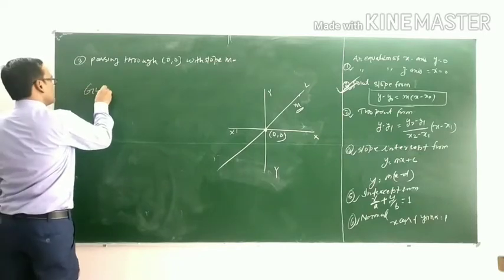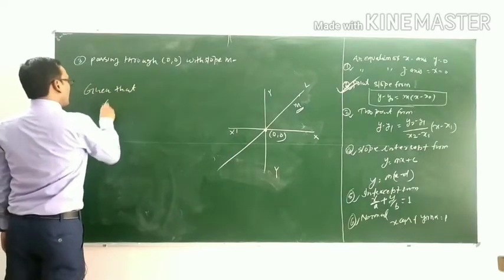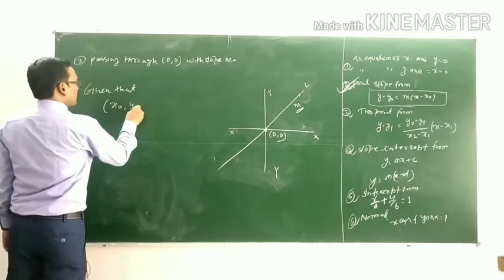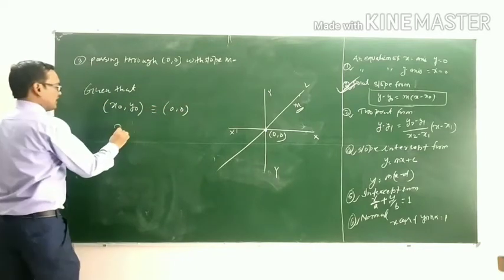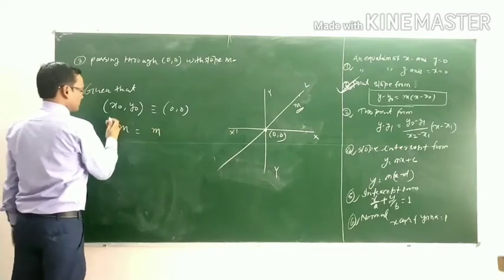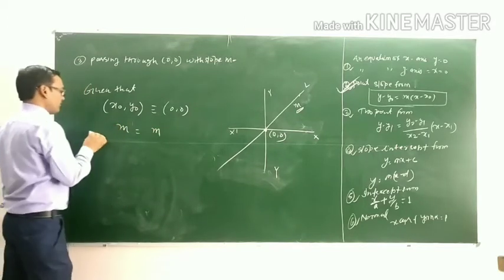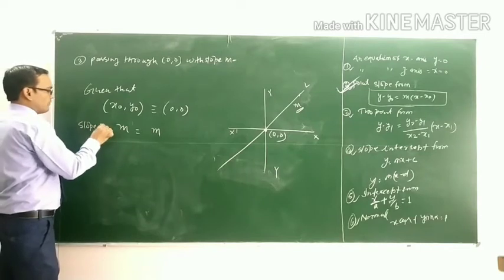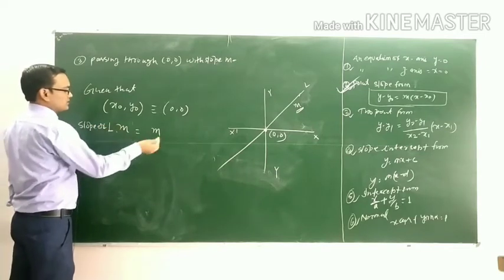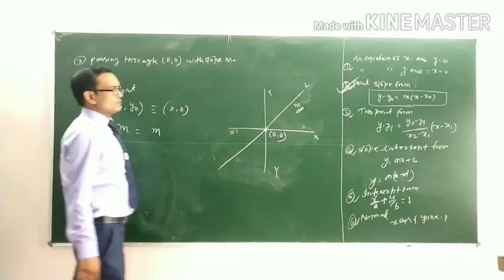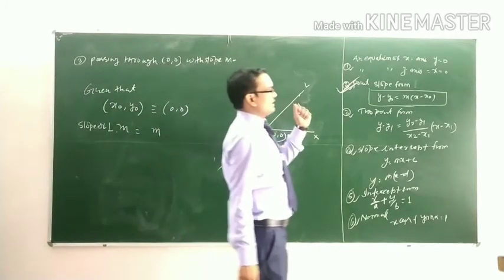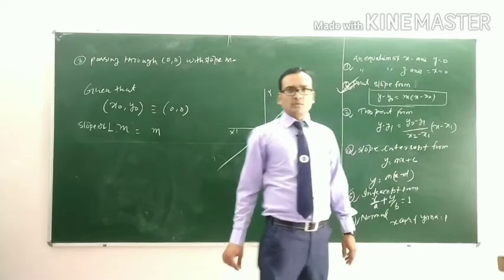Given x0, y0 is 0, 0 and the slope of L is m.